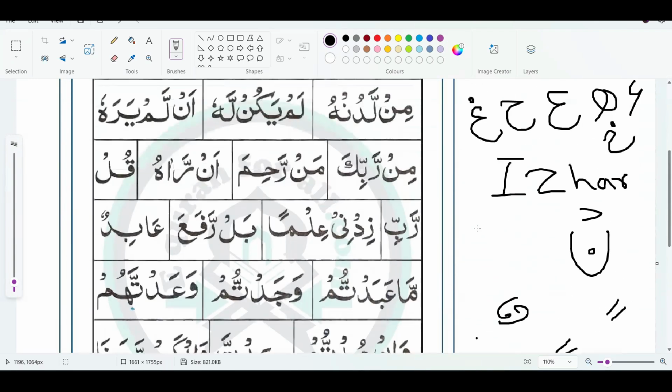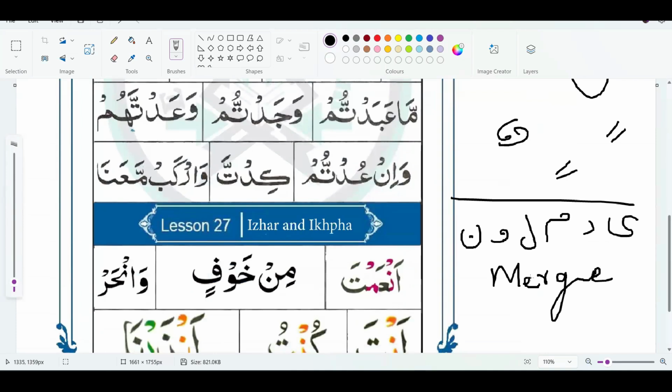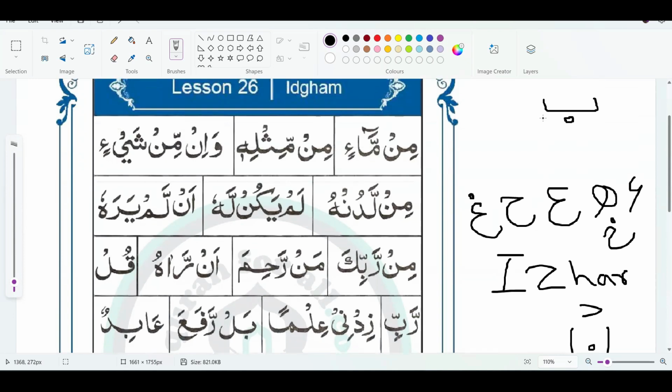Just remember the Idgham Yarmalun letters and the Izhar throat letters. If there is no throat letter after Noon Sakin or Tanween, and no letter Ba, then we call that letter one of the Ikhfa letters, and now we do Gunna. Gunna means put your voice in your nose for a while, that is called Gunna.